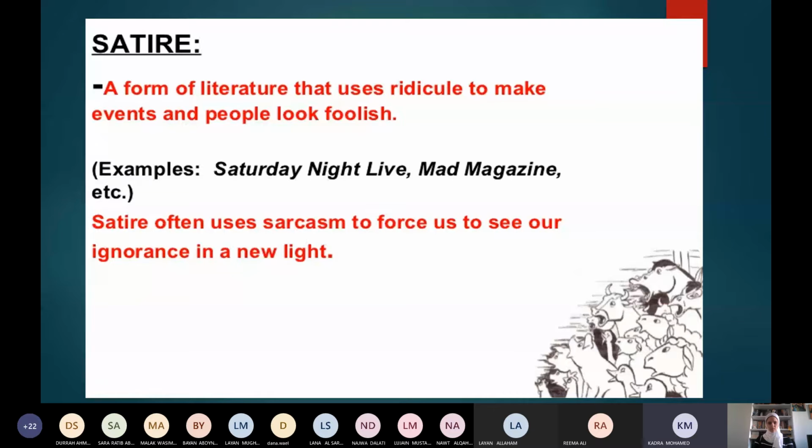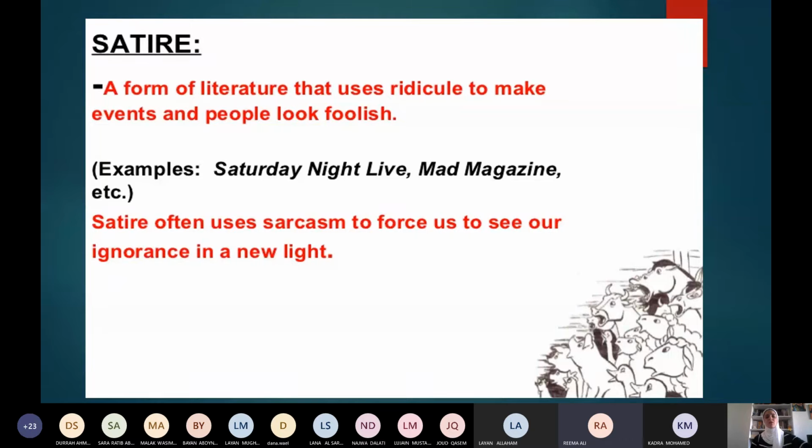A form of literature that uses ridicule to make events and people look foolish. Example, Saturday Night Live, Mad Magazine, and so on. Satire often uses sarcasm to force us to see our ignorance in a new light. Do you know Saturday Night Live? It is a show in America. Each Saturday he sits and makes fun of everything around the world.